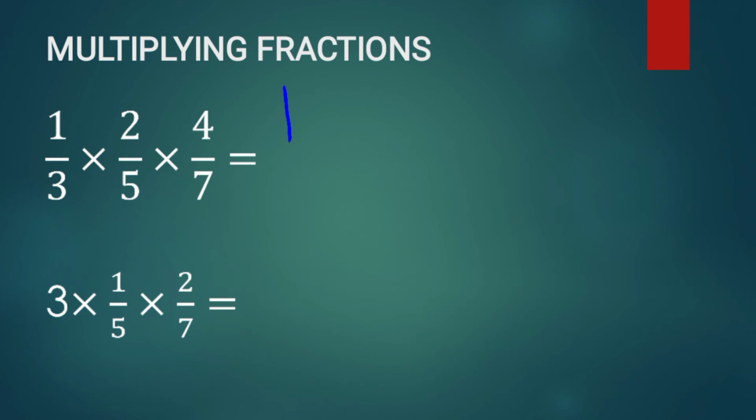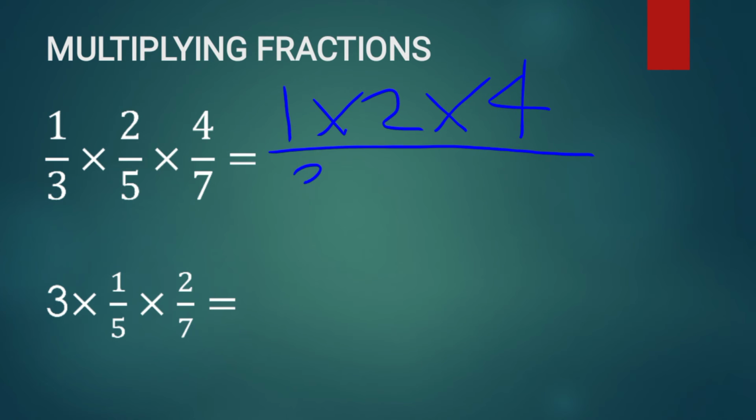So 1 times 2 times 4 all over 3 times 5 times 7 equals 1 times 2 is 2, 2 times 4 is 8.